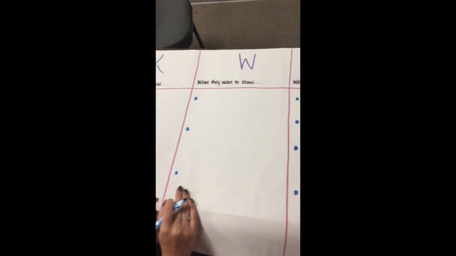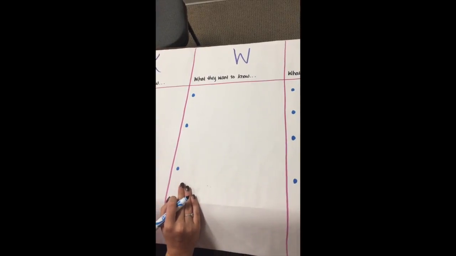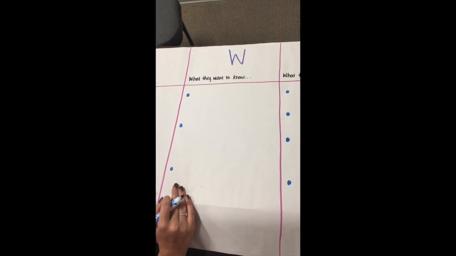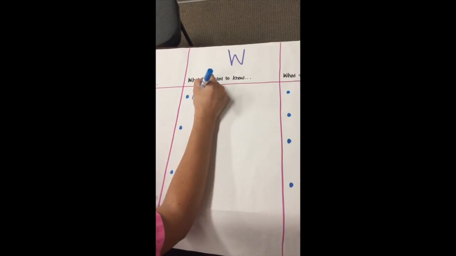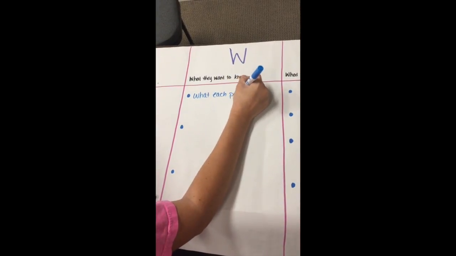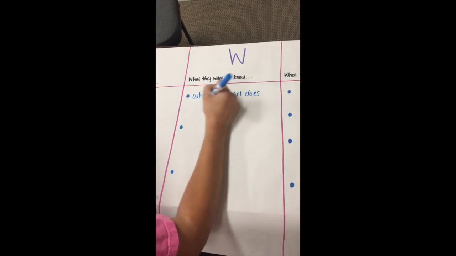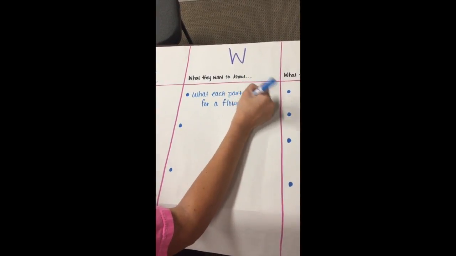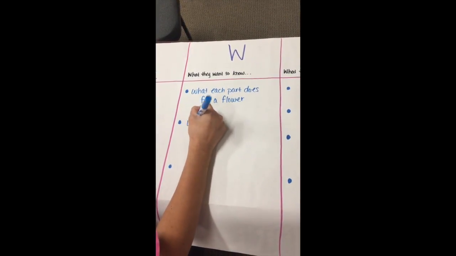After that, we go back to see what questions students would have over parts of a flower. And questions that they might have is what each part does for a flower. Why does each flower have a different color?